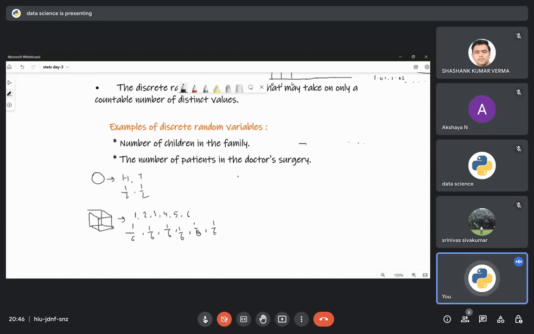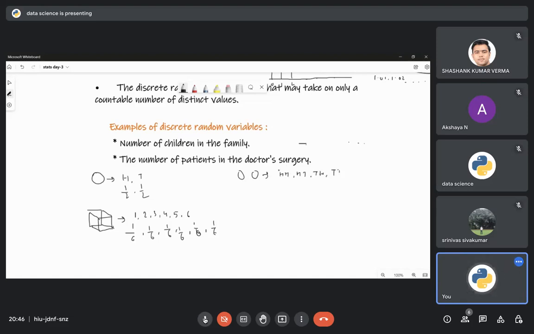Similarly, if I tell you two coins are thrown, like Akshay and Sanka each throwing a coin, then the possibilities are head-head, head-tail, tail-head, and tail-tail.